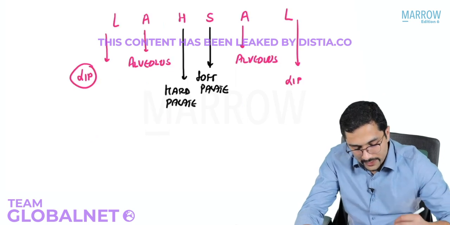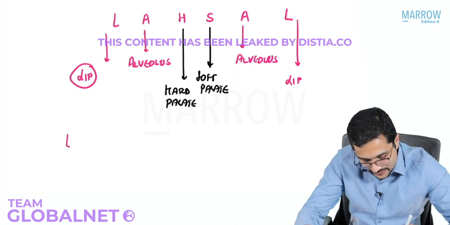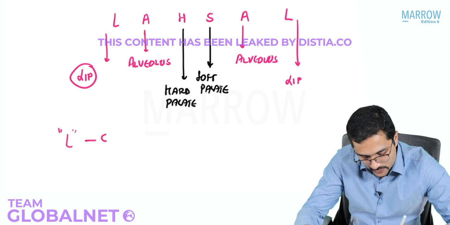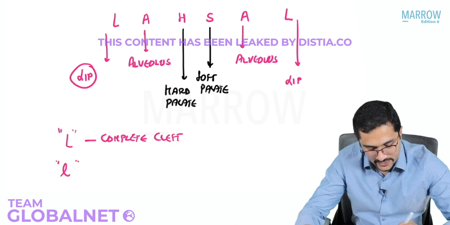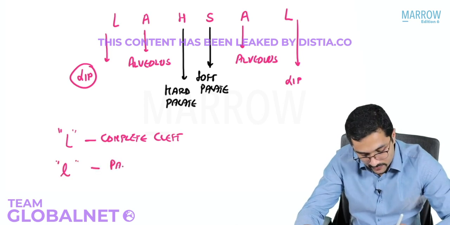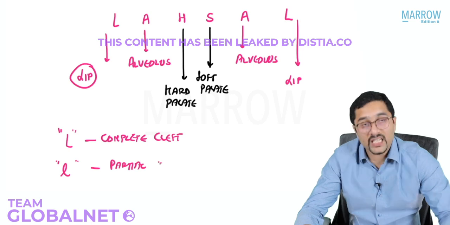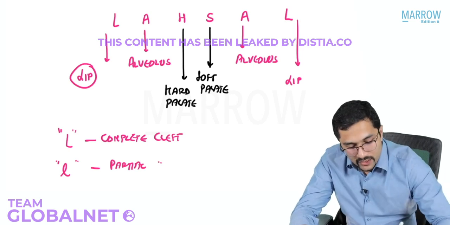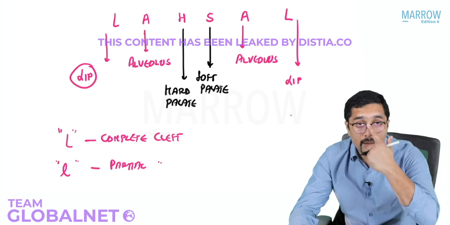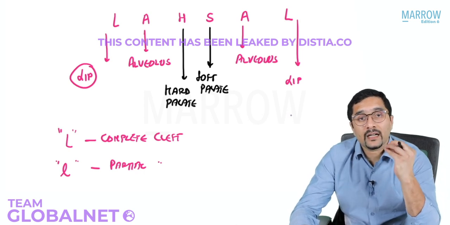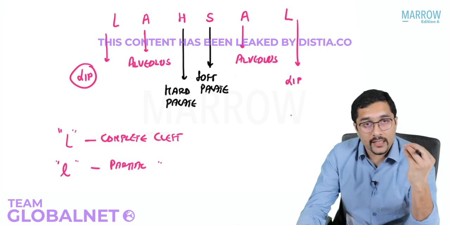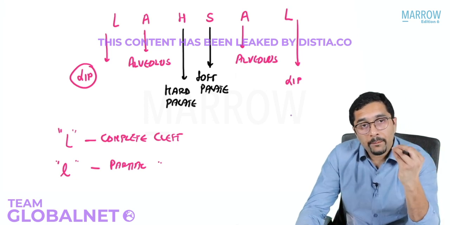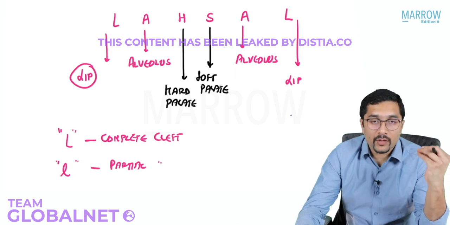Now, how is the documentation done? If we write it in capital letters, then it denotes a complete cleft. Whereas if we write it in small case, then it denotes a partial cleft. So for example, a patient has complete cleft lip on one side and partial alveolus on the same side and partial soft palate abnormality.